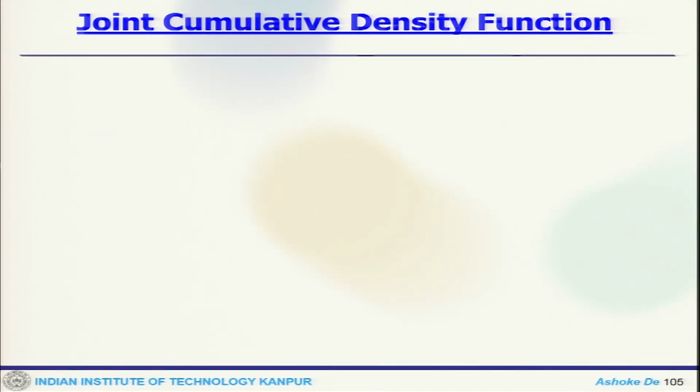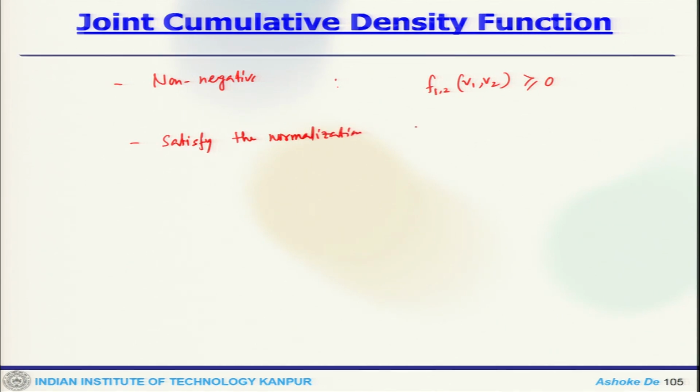Now what is the JPDF property? One thing is that it is non negative. That means f12(V1, V2) should be greater than 0. It also satisfies the normalization condition.